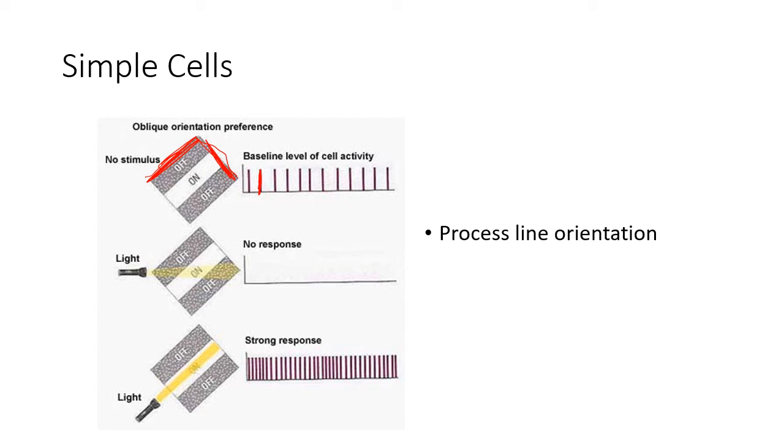And if they are activating, then there's a strong response to those, and our brain processes that as a line in that direction. There's also a baseline when there's no stimulus. So they're actually activating at a baseline level when there's no stimulus. If there is light coming in and it's not at that orientation, it actually shuts off the response.